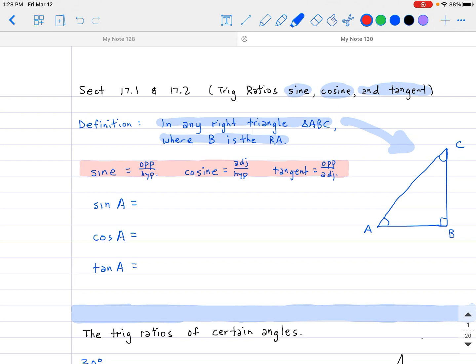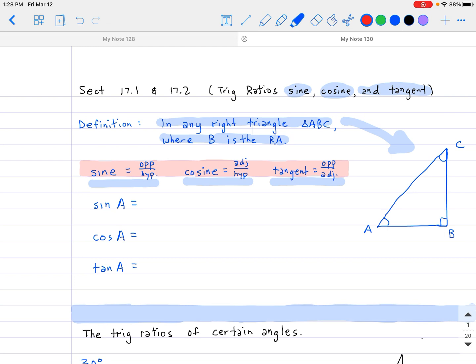By definition, sine is the ratio of the opposite over the hypotenuse. Cosine of an angle is the ratio of the adjacent over the hypotenuse, and tangent is the ratio of the opposite over adjacent.